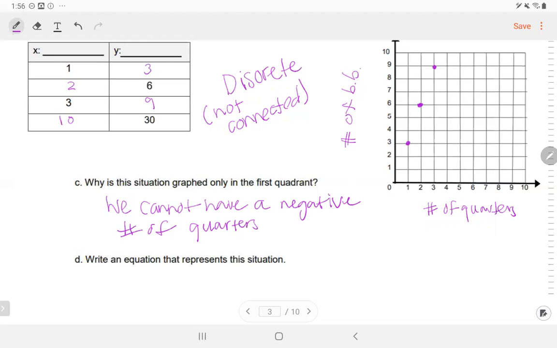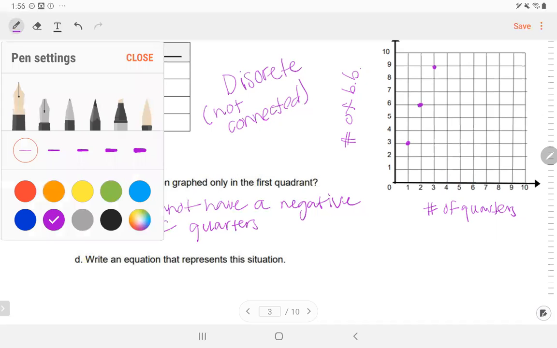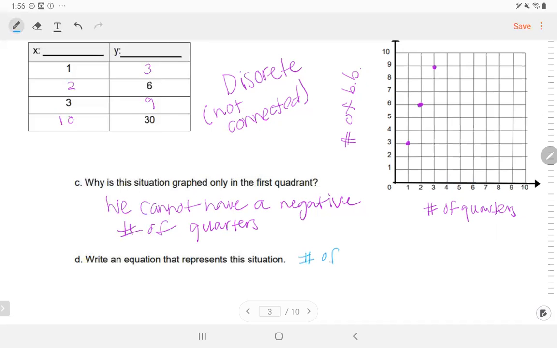If I were going to write an equation that represented this situation, I like to start my equations by just writing what I know. So I'm going to write that the number of bouncy balls is equal to 3 times the number of quarters.